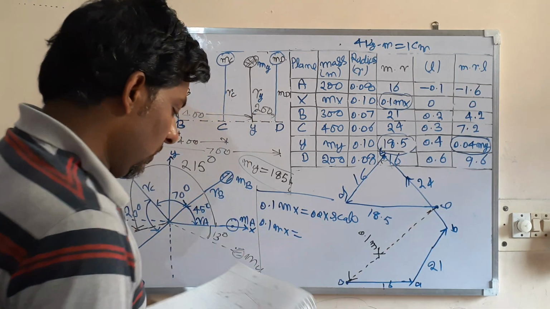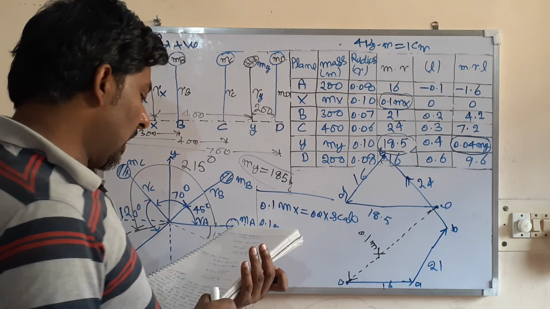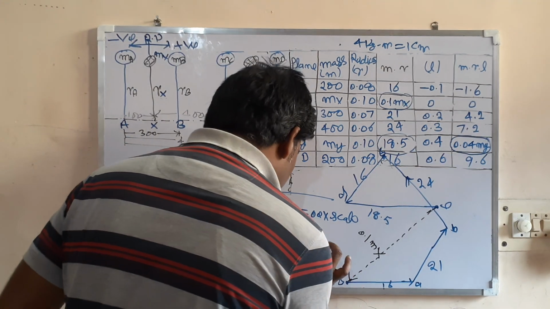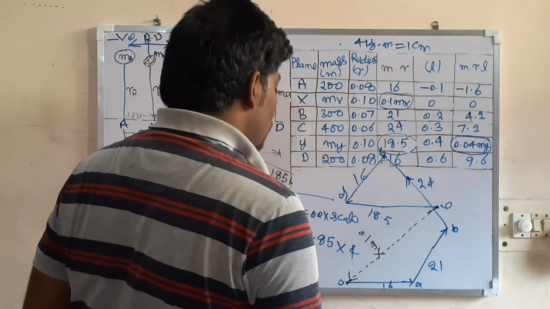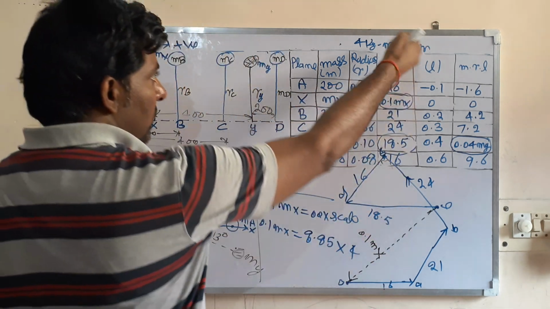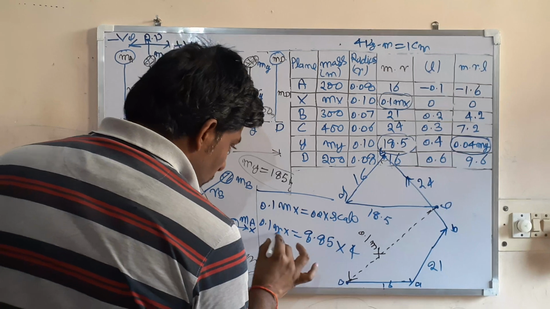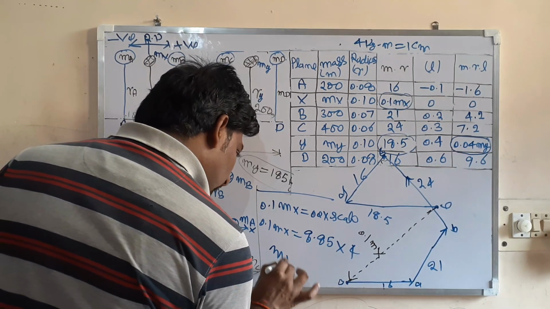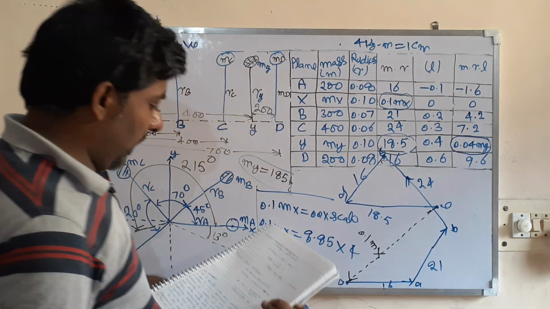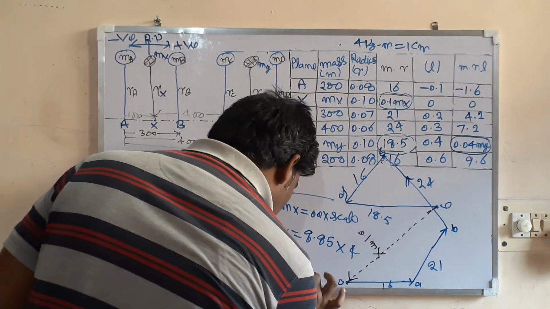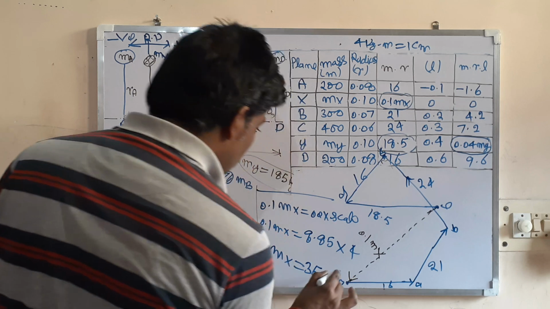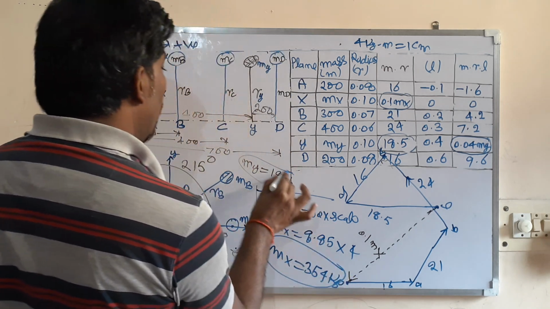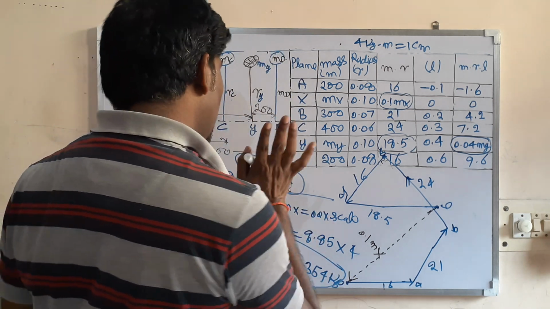When I measure, I am getting 8.85 into scale, where 1 centimeter is equal to 4 kilogram meter. By this, I am getting mx is equal to 354 kg, and already I have got my is equal to 185 kg.